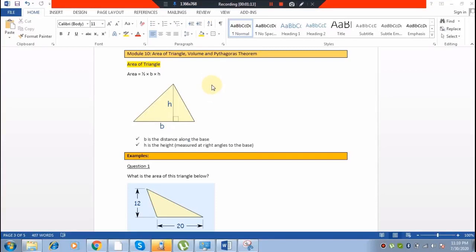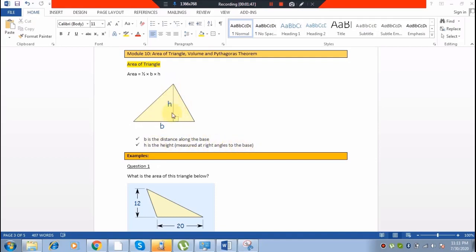The area of a triangle is calculated as half base times height. If you look here, this is your typical triangle. We want to identify which is our base. The base is always the bottom, the distance along the base, and h is the height measured at right angles to the base.